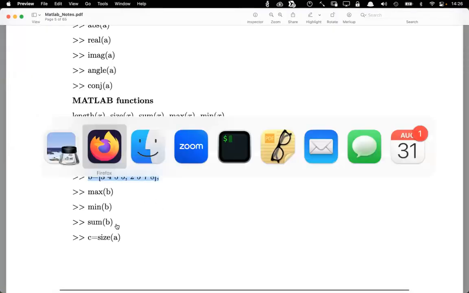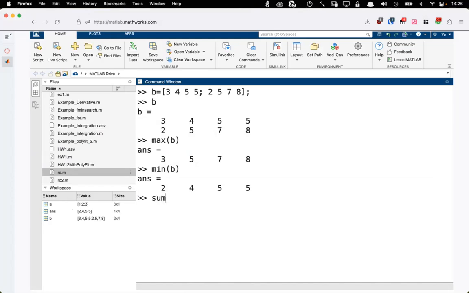Then sum. sum B gets the sum of each column, also by column. 3 plus 2, so 5. 4 plus 5, 9. 5 plus 7, 12. 5 plus 8, 13.